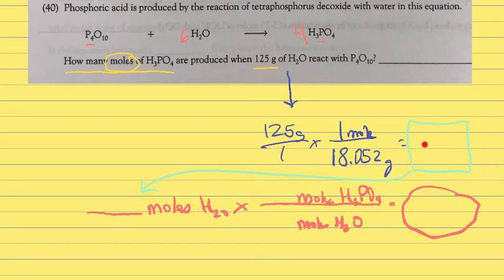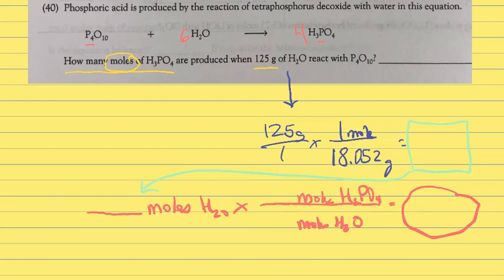So whatever answer you get, notice you're going to plug that in now as your first step in the last part of the problem. We have to multiply and cancel moles of water on the top with moles of water on the bottom. So these two numbers come right from our balanced equation.